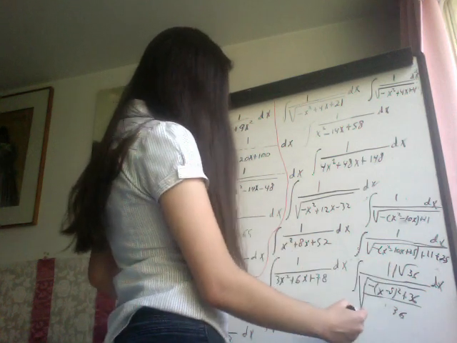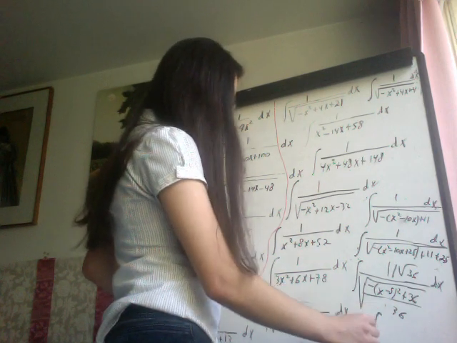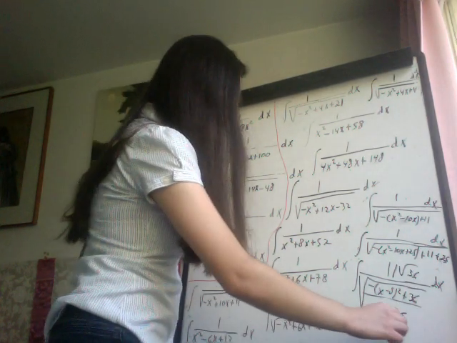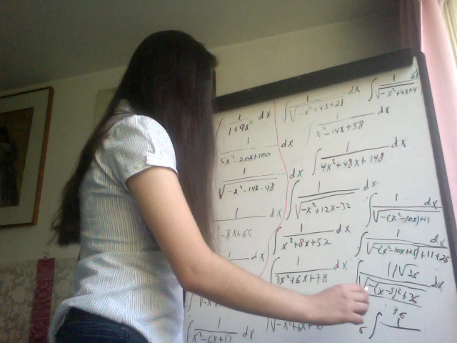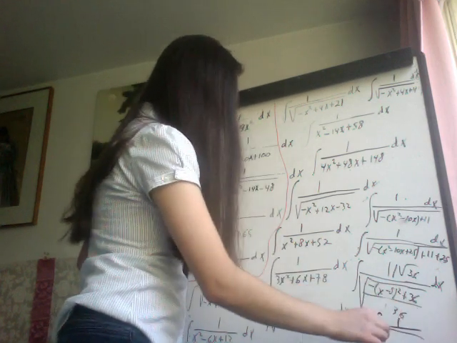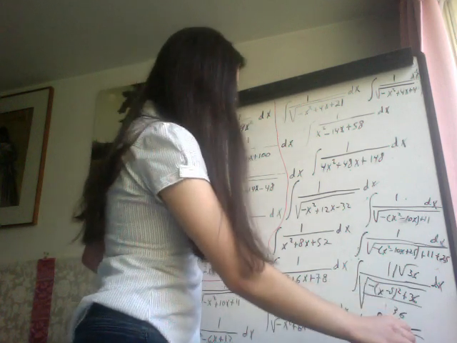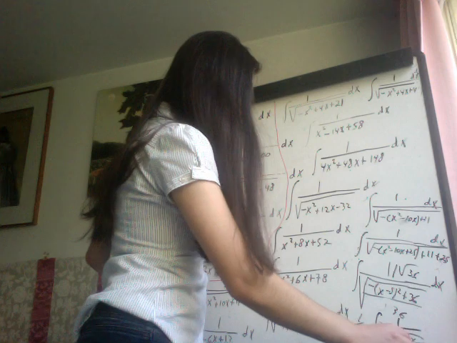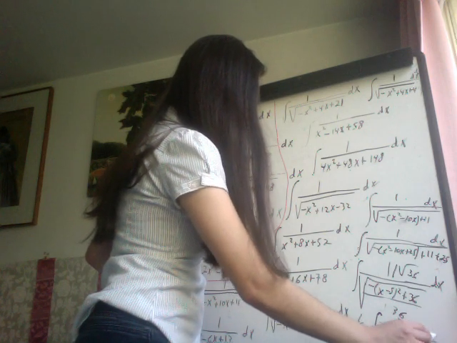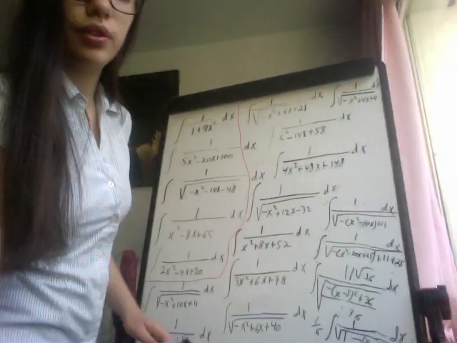This passes like 1 over 6 times the integral of 1 divided by the square root of 1 minus (x minus 5) divided by 6, all this squared, dx.